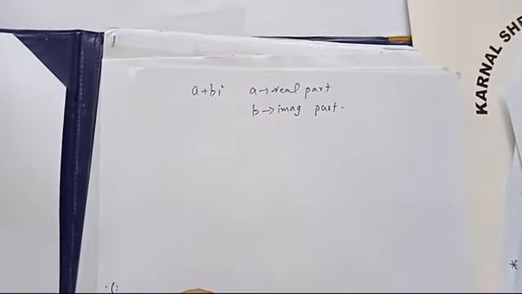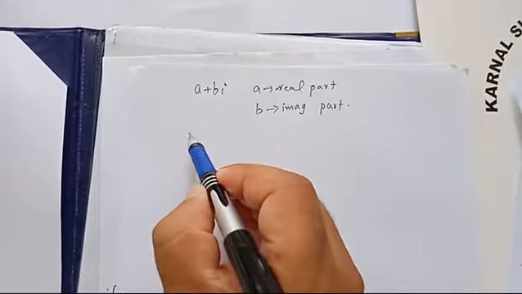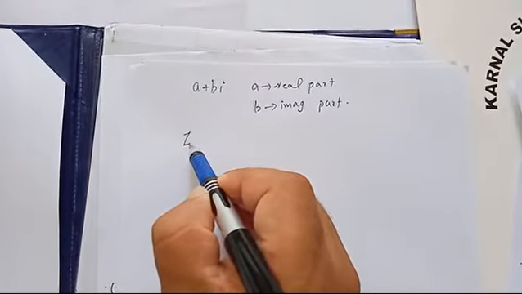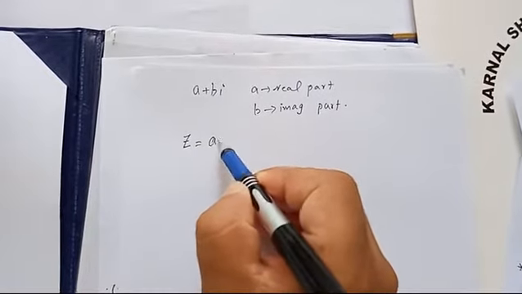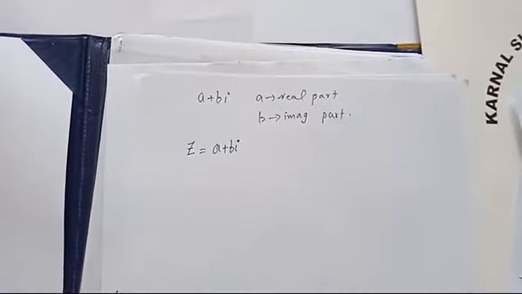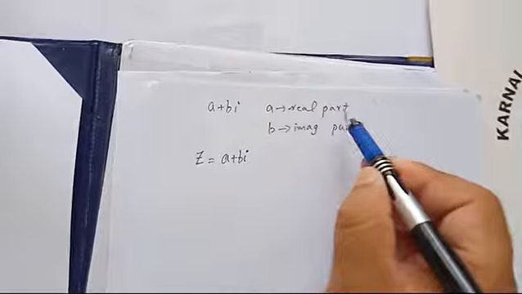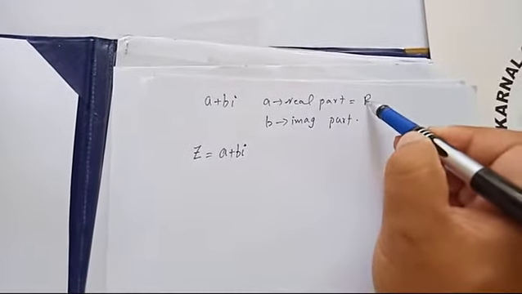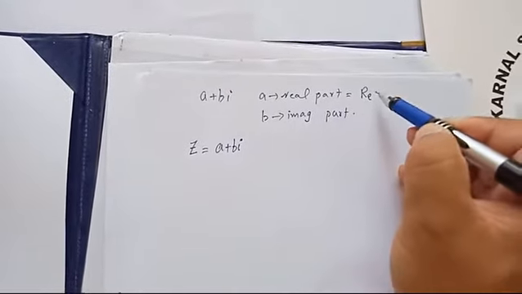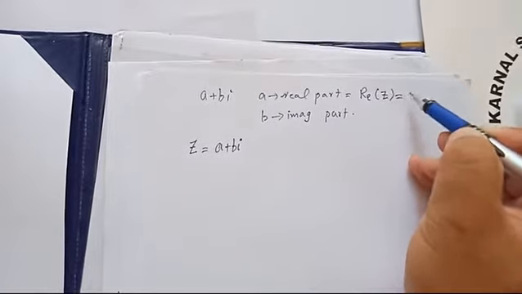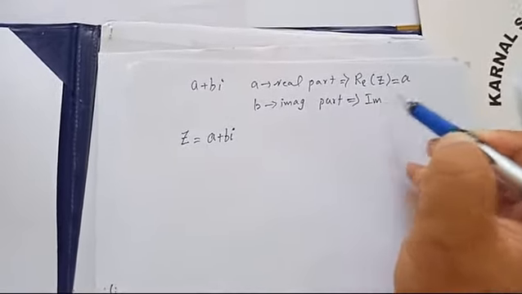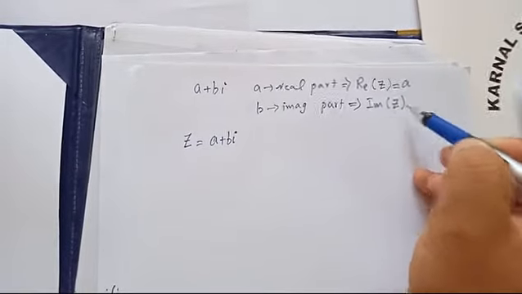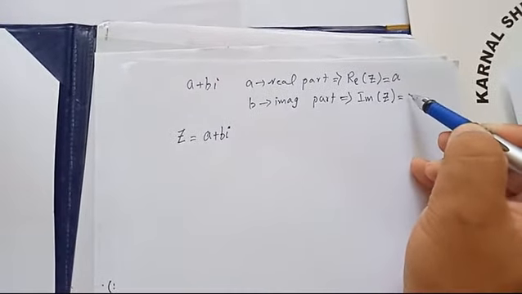Usually complex numbers are denoted by capital Z. So this is the notation for a complex number a plus b iota. The real part of a complex number is denoted by Re of Z is equal to a. This is the real part, and the imaginary part, Im of Z, meaning the imaginary part of a complex number Z, is equal to b.